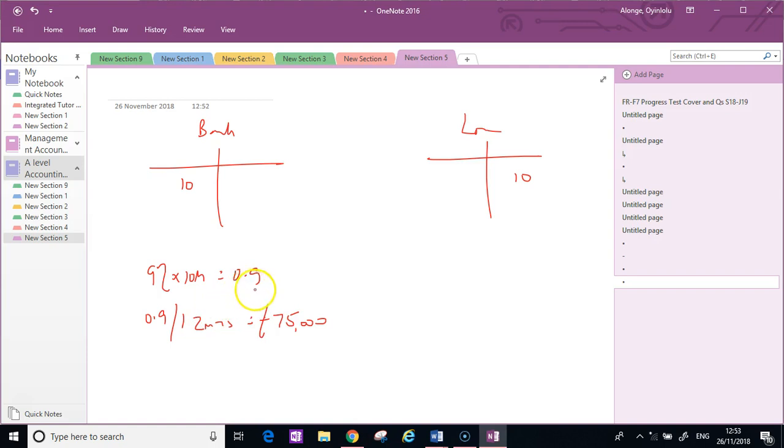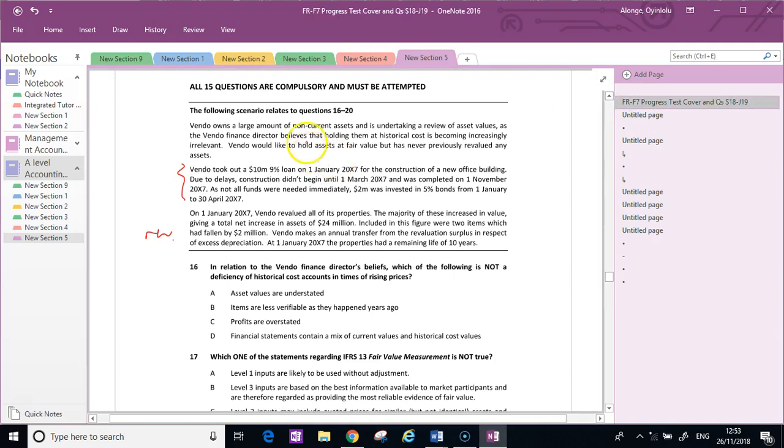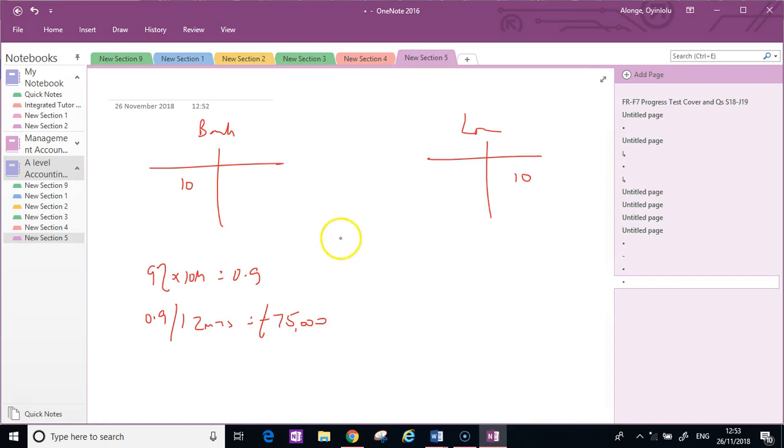And that's because a lot is happening. I can only capitalize over the month I'm actually building. It says here that you only started construction on the 1st of March. You took out a loan on the 1st of Jan. So we have 2 months of interest that we need to pay.